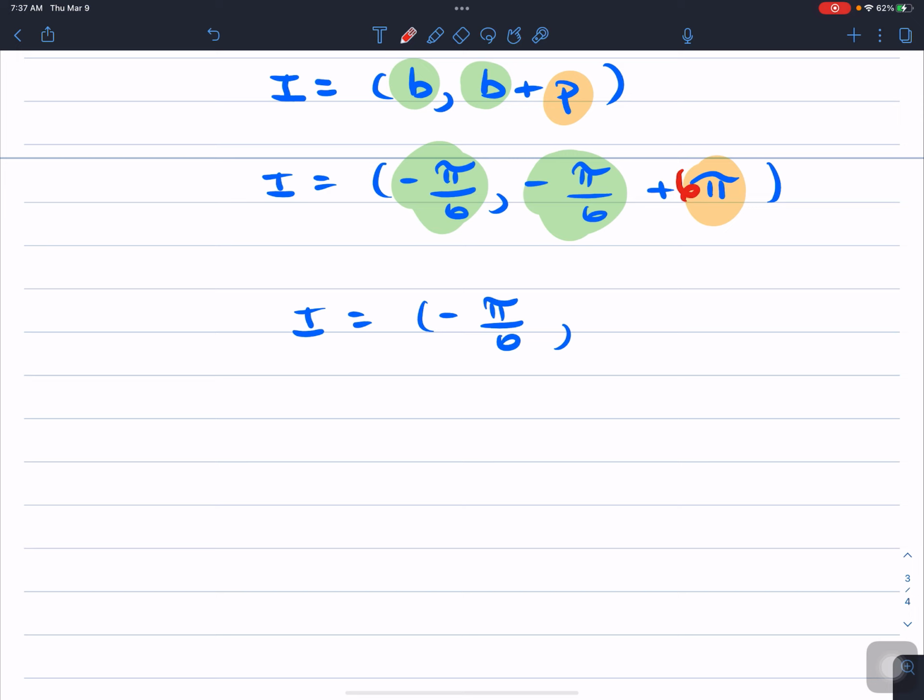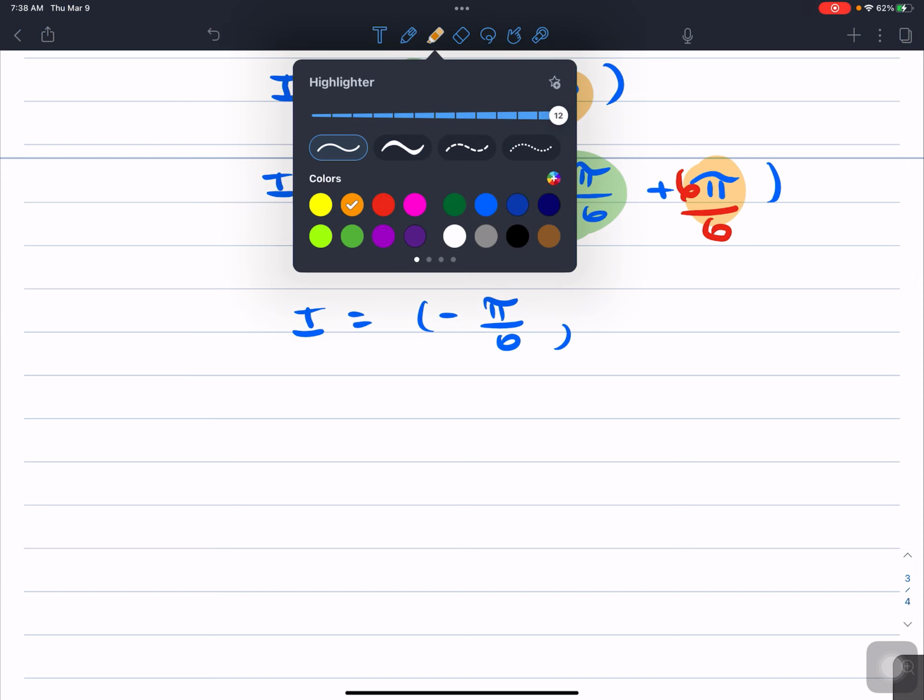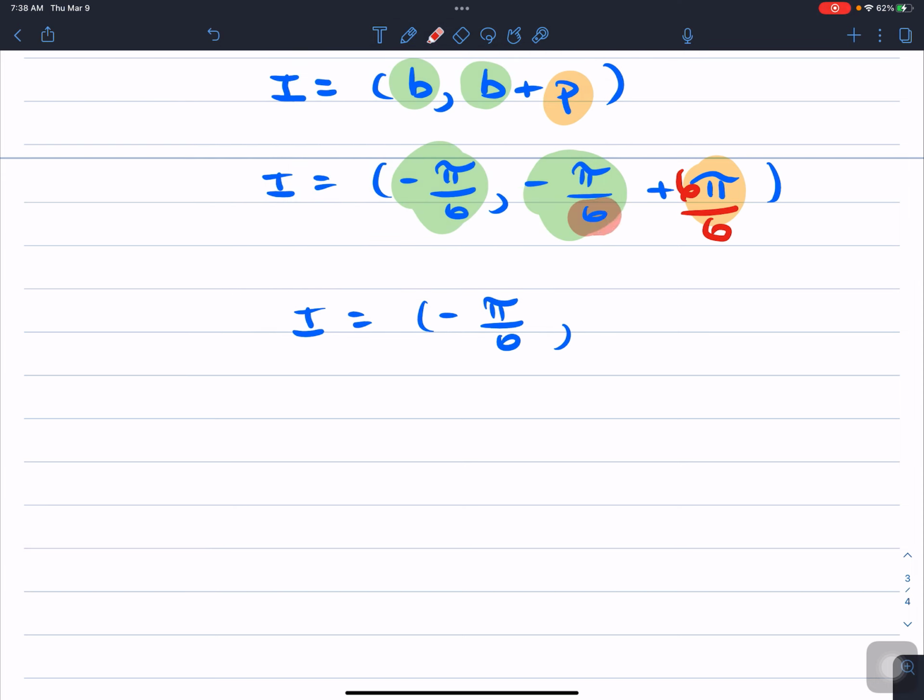Well, yes, because you have to have a 6 over 6 to do the arithmetic. Is that right? It has to have the same denominator, right? You have to have that same denominator here of the 6. So negative pi over 6 plus 6 pi over 6 is negative what? Negative 5 pi over 6.